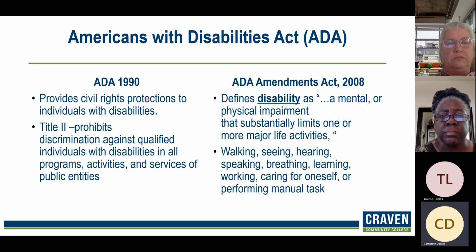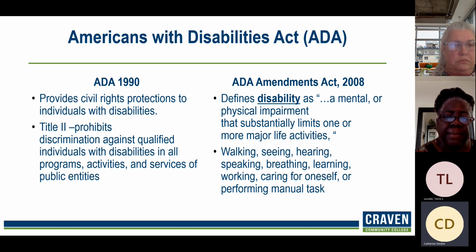My title is ADA, which stands for Americans with Disabilities Act. ADA defines disability as a mental or physical impairment that substantially limits one or more major life activities. ADA prohibits discrimination based on a disability, and this extends to other sectors besides education, also to transportation and employment.